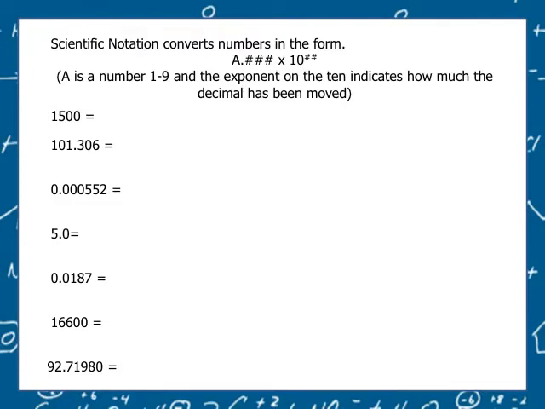So we're going to have a lot of practical uses for scientific notation in both the Integrated 2 and the chemistry classes, because we'll be talking about numbers that are incredibly big and numbers that are incredibly small. For instance, if we're dealing with the number of atoms, because atoms are so tiny, the number of atoms is going to be huge.